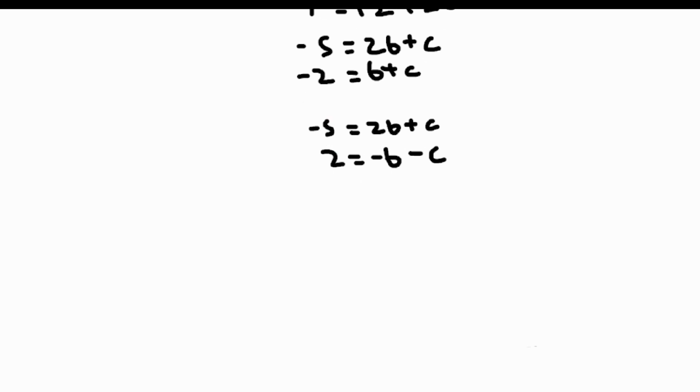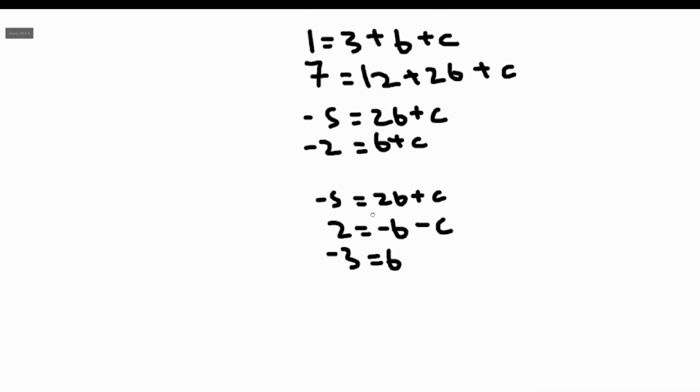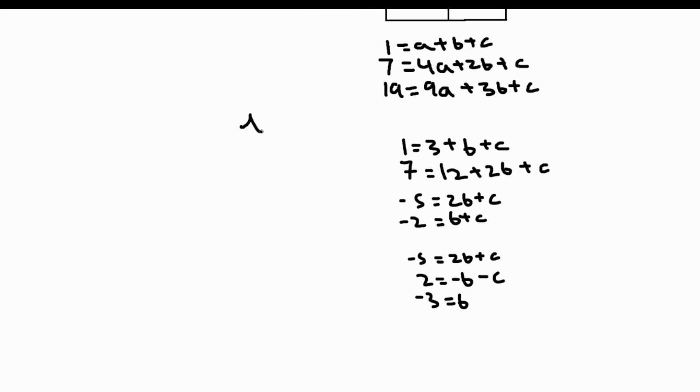Minus 5 plus 2, that's minus 3. 2b minus b, that's b. C minus c, that's nothing, alright? So b is equal to minus 3. We have one more. So let's just keep this written down here. A is equal to 3, and b is equal to minus 3.